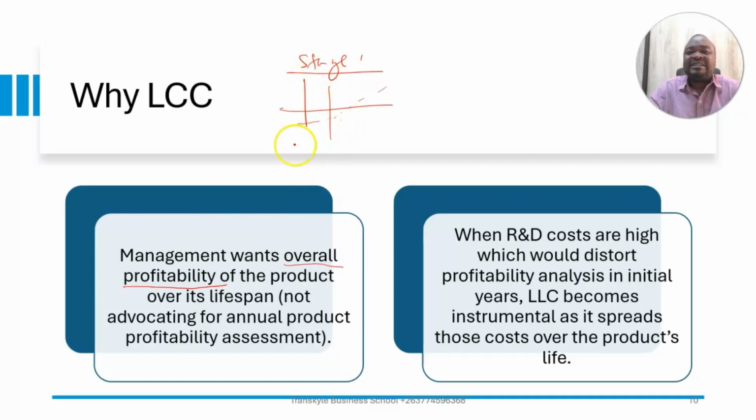Because at stage 1, there is no market introduction of the product, so we cannot expect any profitability. That information is not going to help managers. But what is going to assist managers is the overall assessment throughout the life cycle of the product. This is why we have to spread these costs throughout the product's lifetime or life cycle, so that a meaningful analysis is going to happen.